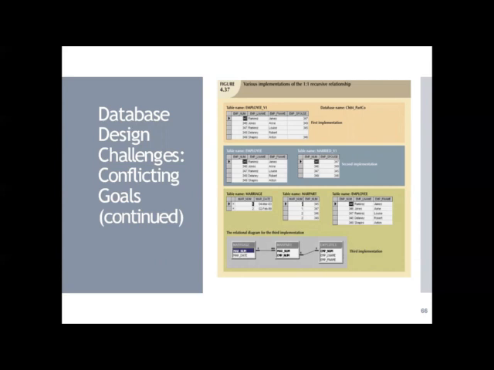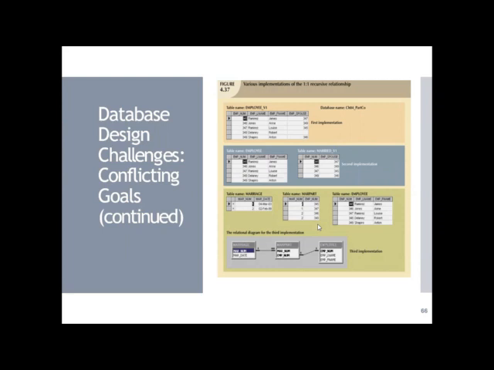In the first implementation, we can see the employee has employee number, employee name, employee first name, and employee's post. And then we normalize into the second implementation. So we have two entities, employee and merit.